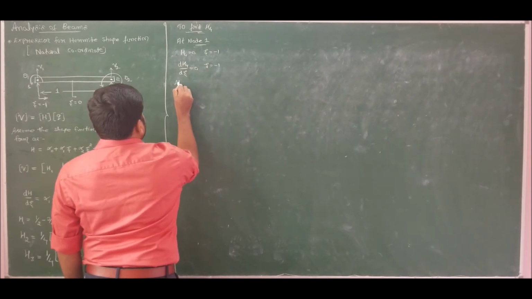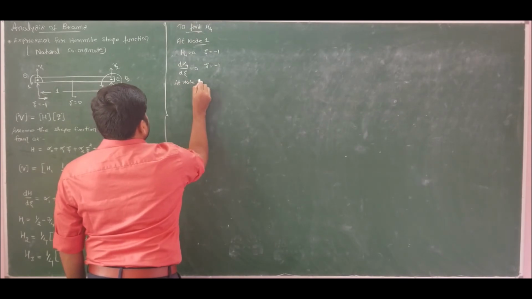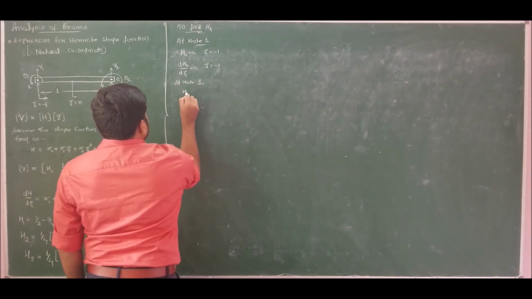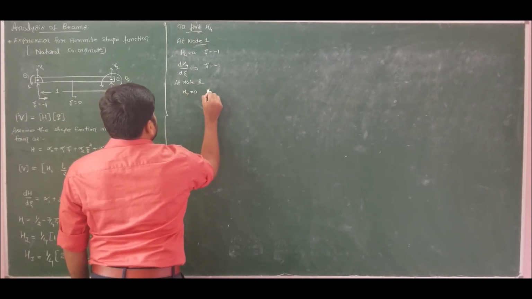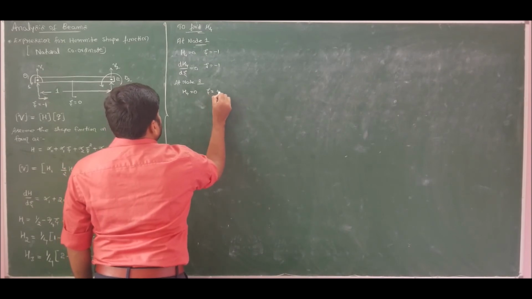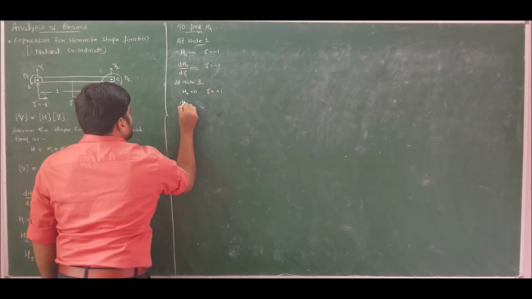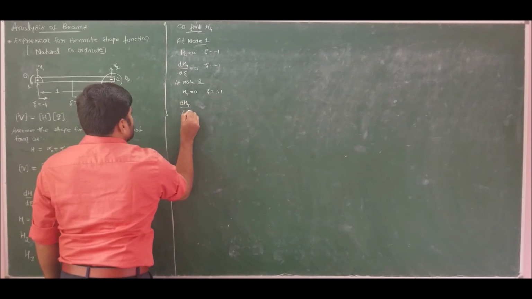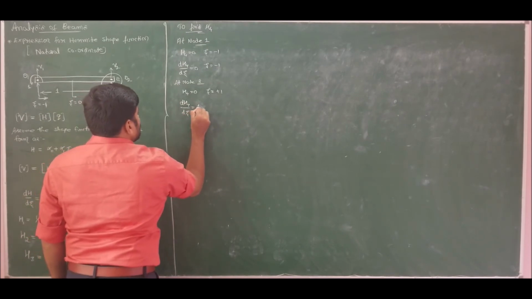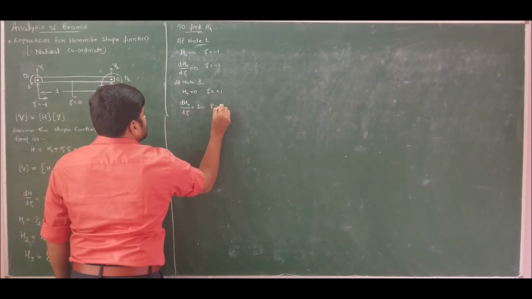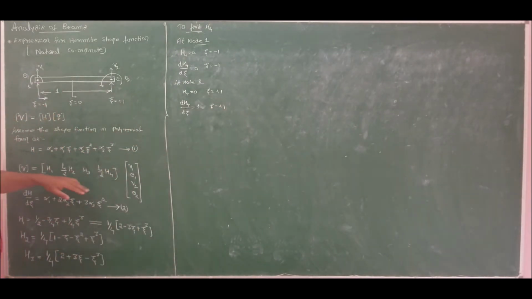At node 2, h4 is 0, whereas zeta is plus 1, whereas the derivative of h4 is 1, whereas zeta is plus 1, because h4 corresponds to theta 2, where theta is the derivative of the deflection v.